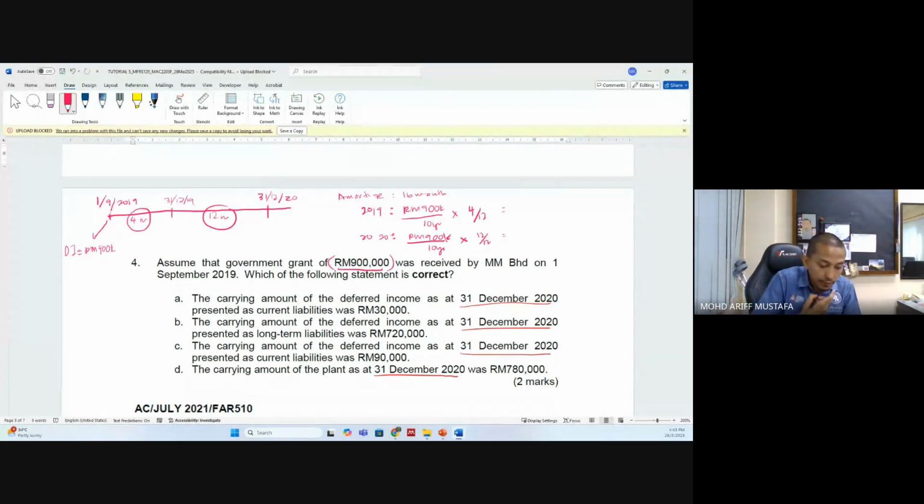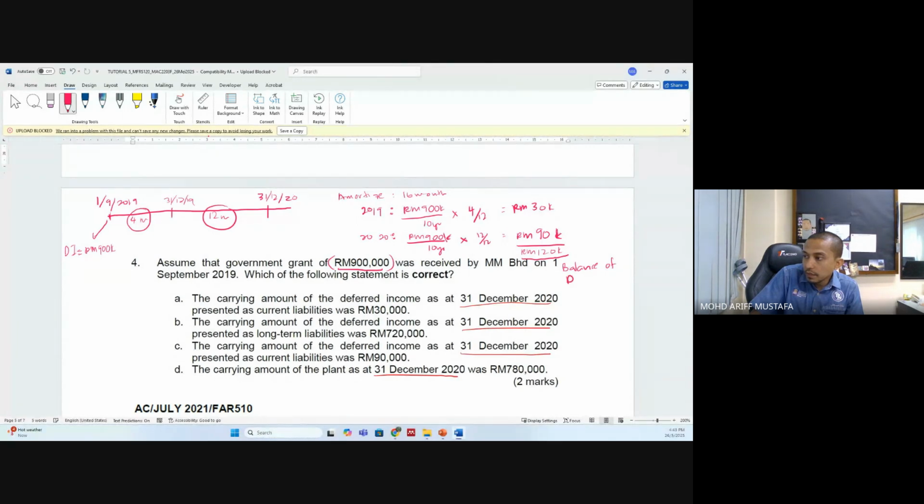So correct me if I'm wrong, this one we are going to get RM 30,000, and this one we are going to get RM 90,000. Correct me if I'm wrong again. And the total amortization that we have done here is RM 120,000.